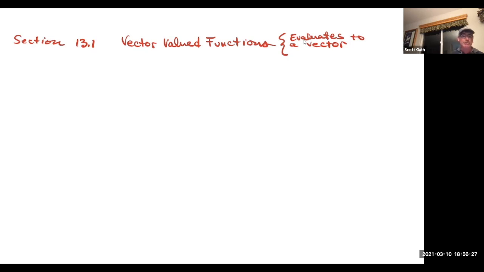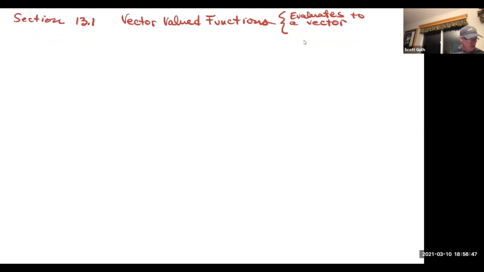Those are vector valued as well, but we don't study those till chapter 16. You're going to have a 3-variable input and a 3-dimensional vector output. So those are interesting, super cool stuff, very physics oriented. Okay, so let's go ahead and jump in here.